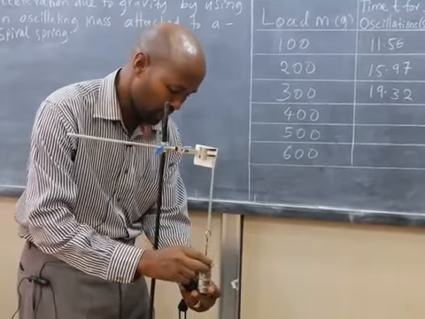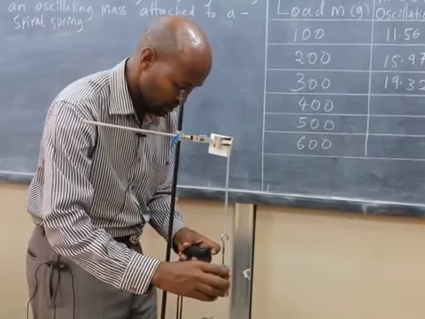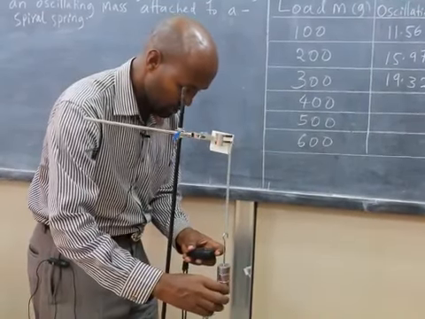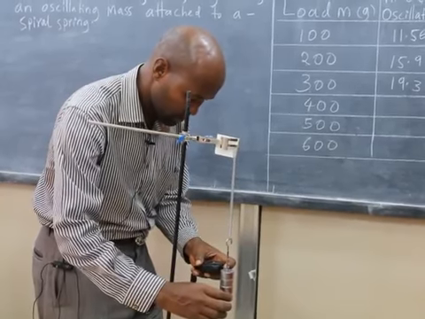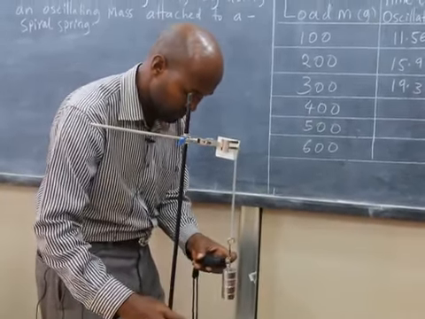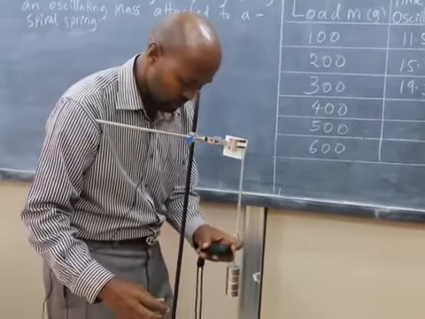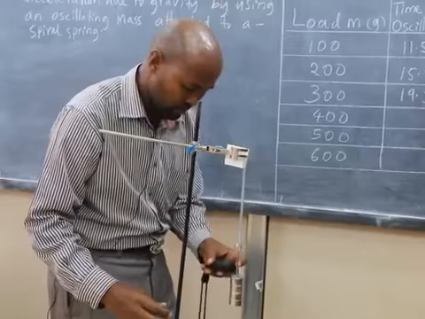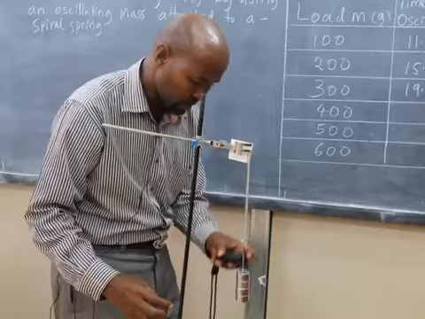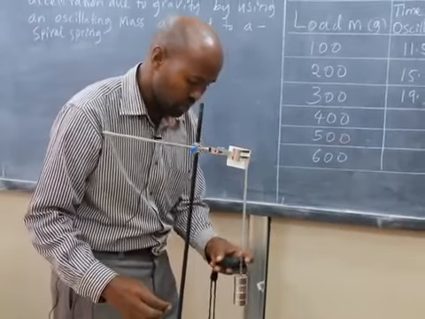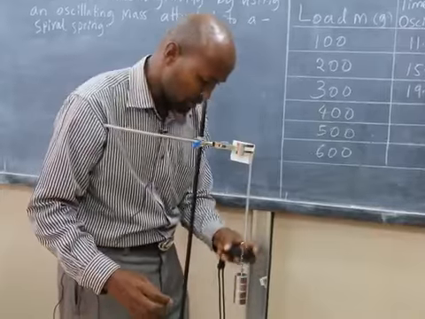Now let us see the time taken for 30 oscillations when the mass is 400 grams. Mass is 400 grams now. Let us count. Just apply a small amplitude, then you release. Counting up to 30.